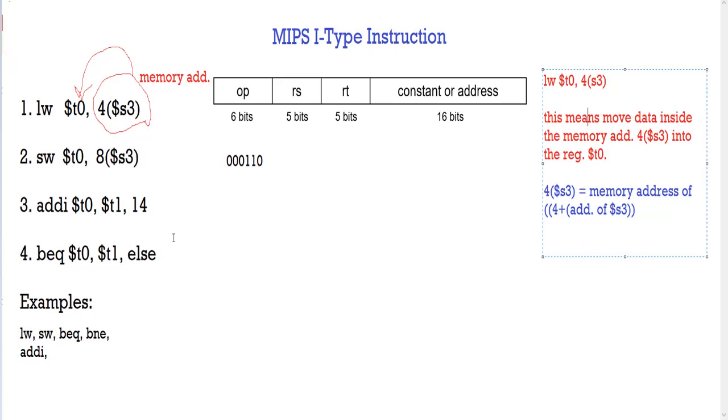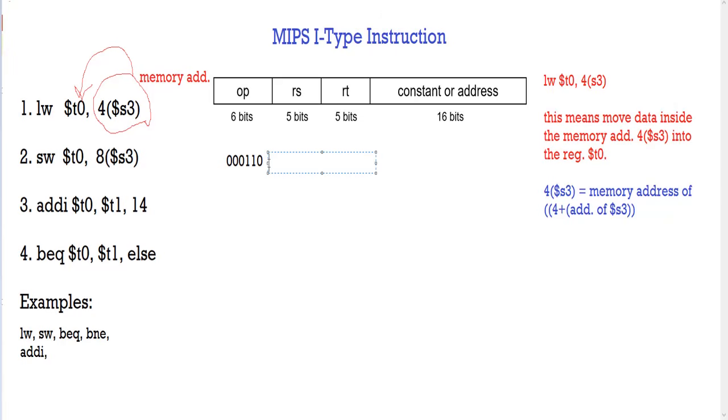Okay then, so here in this load instruction, the source is this register S3, the destination is T0, and the constant is this number here, which is 4. So you're just going to have to remember this format so that you can represent the instructions in a similar way.